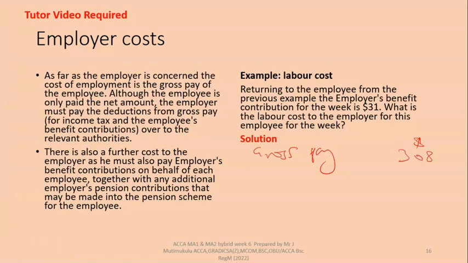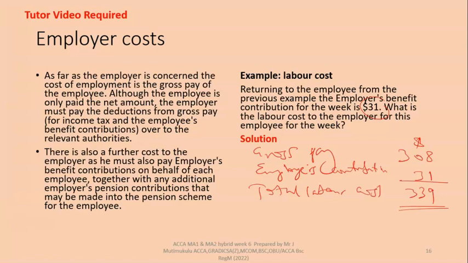And then the employer's contribution was, we are told, $31. So the total labor cost will become 339. This is the total labor cost.